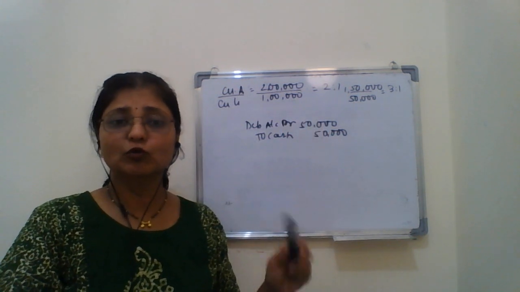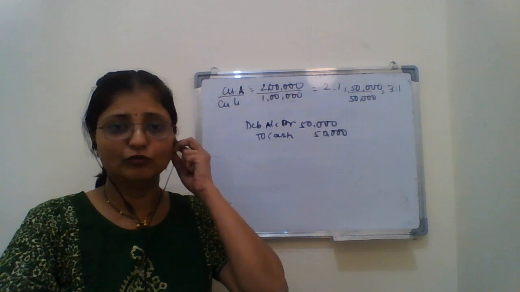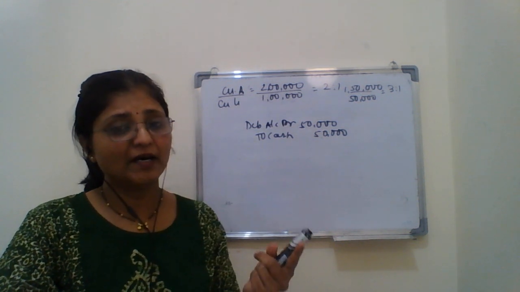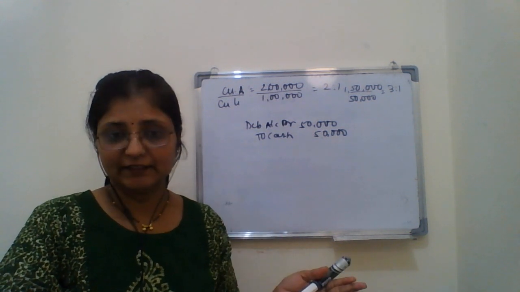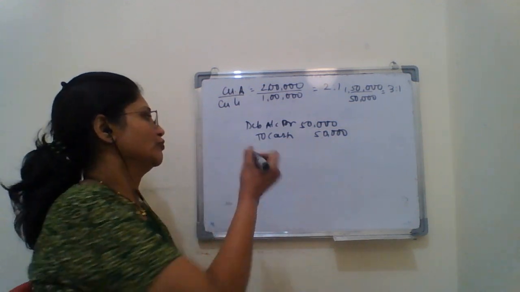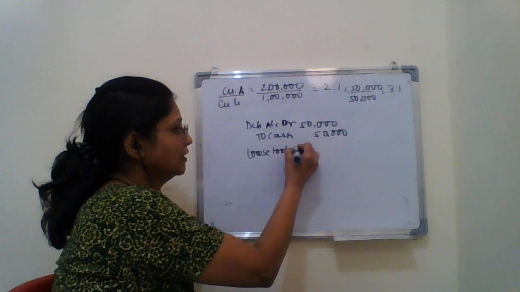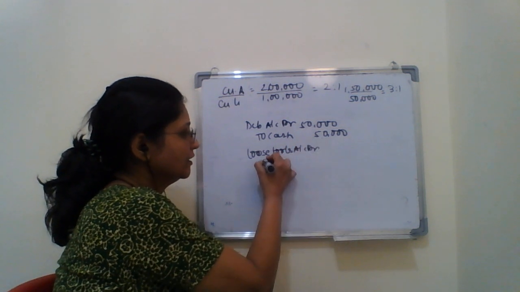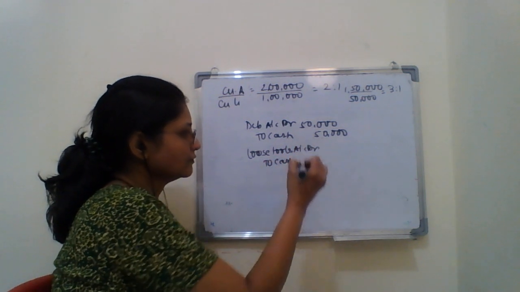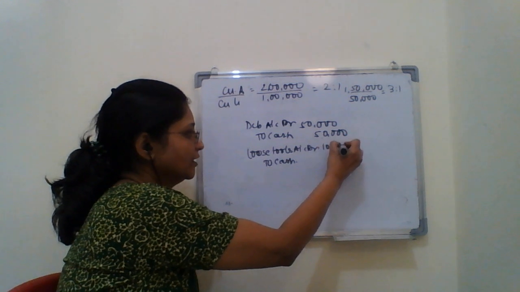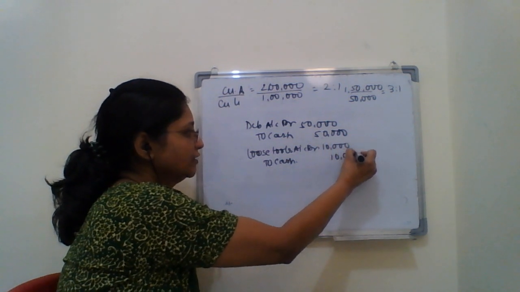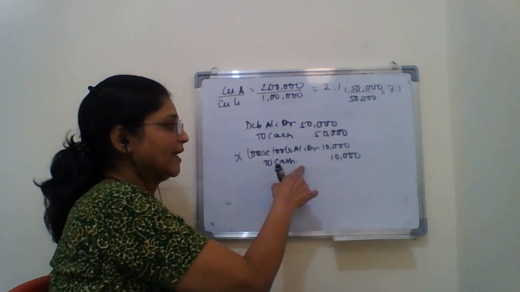Purchase of loose tools against cash. First of all, loose tools are not a part of the current assets. So purchase of loose tools. What is the entry? Loose tools account debit to cash. Okay, so if it is for 10,000, loose tools is not a part of current assets, but cash is going.